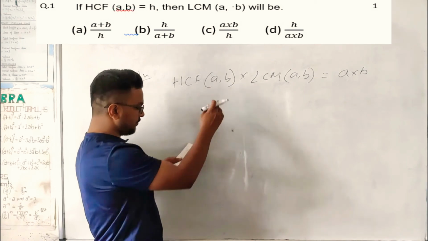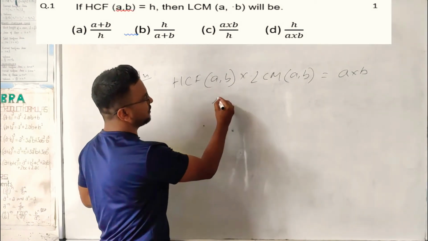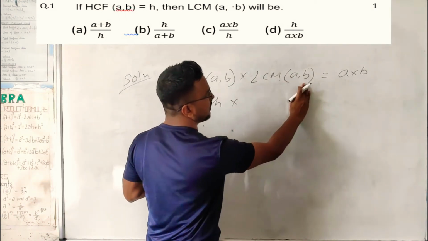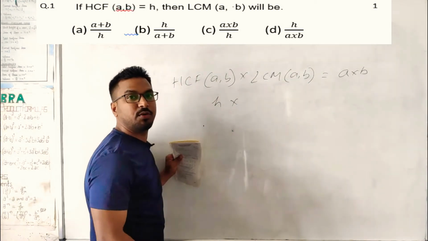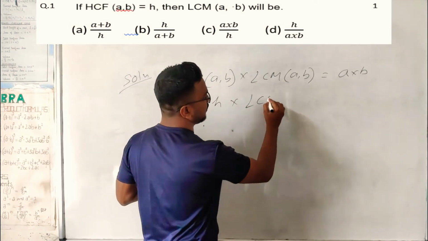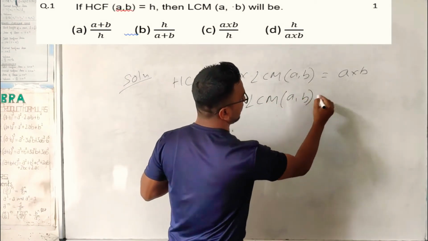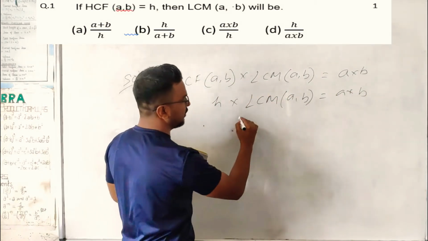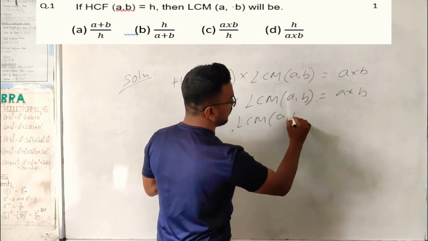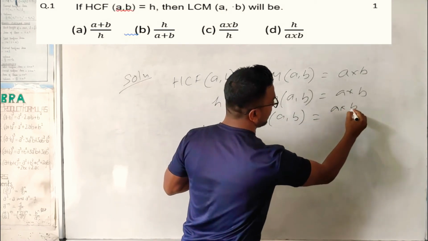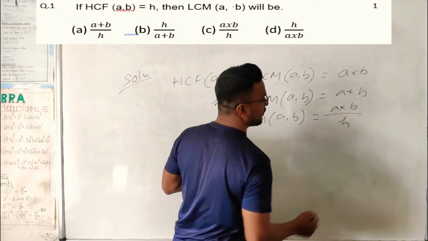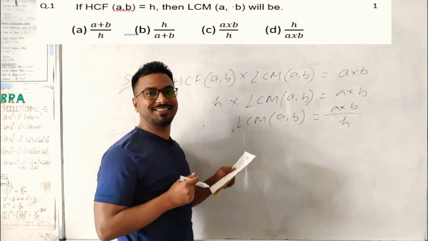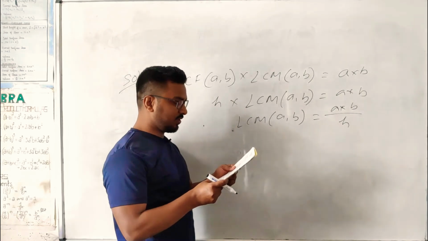Now HCF of these two numbers is given as H, so you take H. We don't know the value of LCM of these two numbers, we have to find it, so you keep it as it is, into A into B. If you take this to the right hand side, you will get LCM of A, B is equal to A into B by H. So option 3 is the right answer. We'll move to the next question.